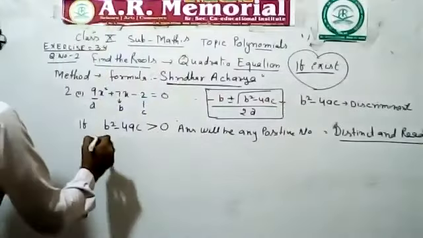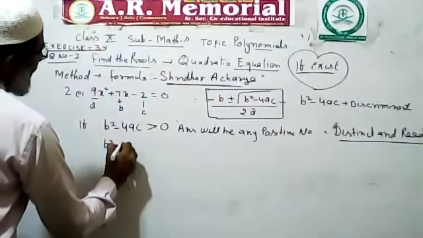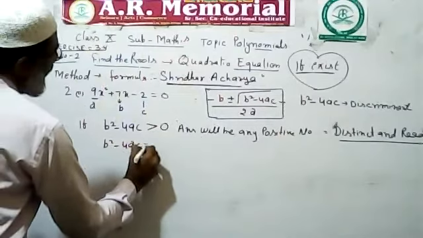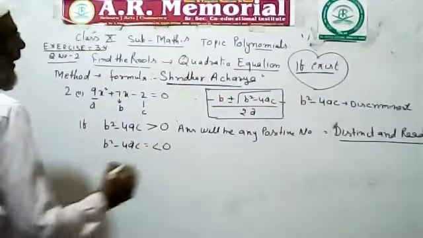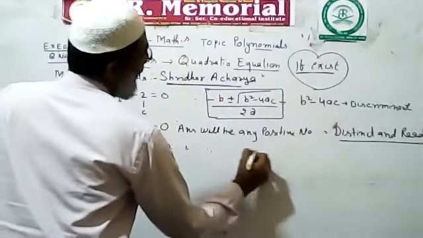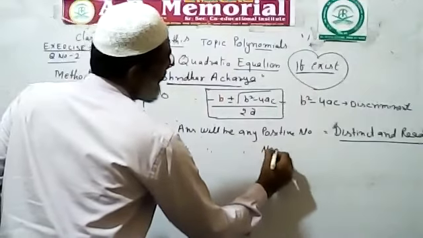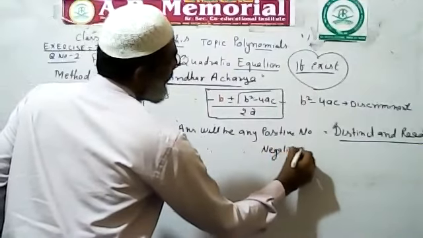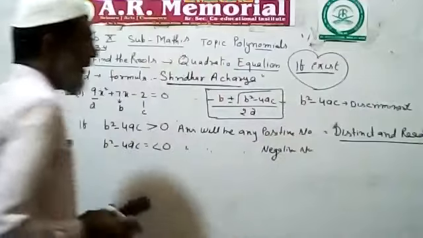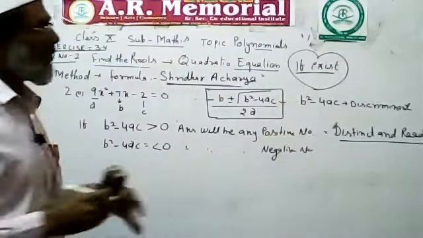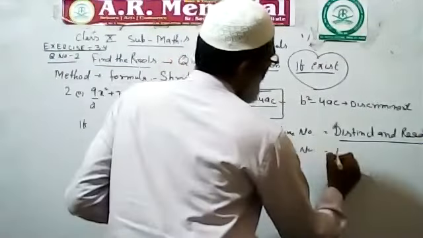The second case: if we solve b square minus 4ac and get any negative number, the answer will be negative, so there is no real root.